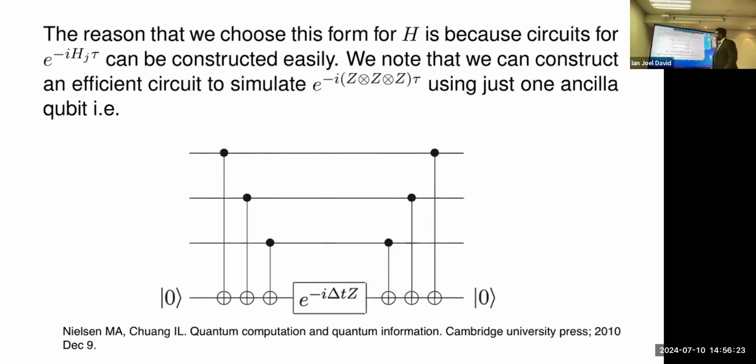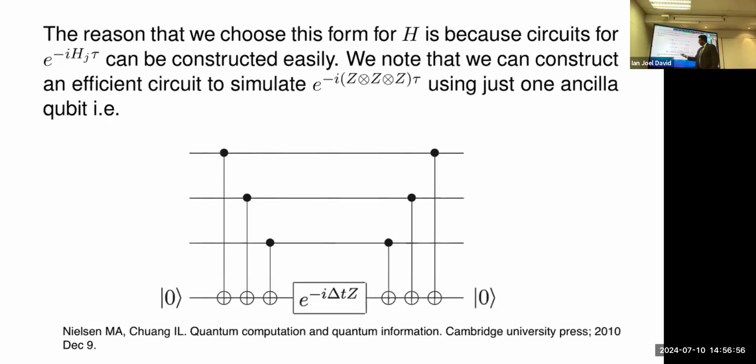And Nielsen and Chuang already gives you a prescription on how to do that. For example, if I want to simulate something like this, which is just Z tensor Z tensor Z, I can do it with just one extra ancilla qubit. And this is the circuit that does it. Very quickly, I can tell you, all this does is it checks the parity of the computational basis of your 3 qubits in your system register, and it stores the parity in an ancilla.